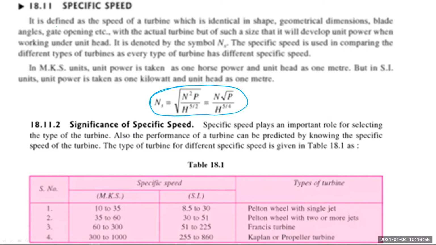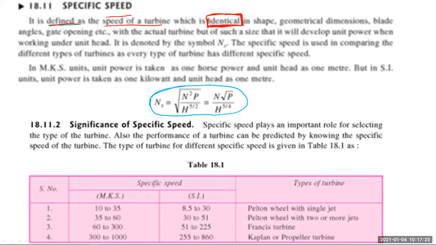Specific speed is defined as the speed of a turbine which is identical. This I am highlighting.